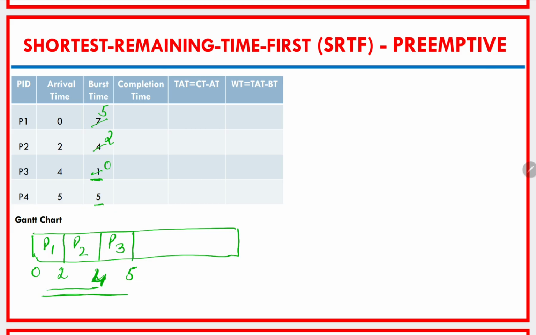So as of now, we have 3 processes in the ready queue: P1, P2, and P4. Out of these 3, it is P2 which has the minimum remaining CPU time, that is 2.